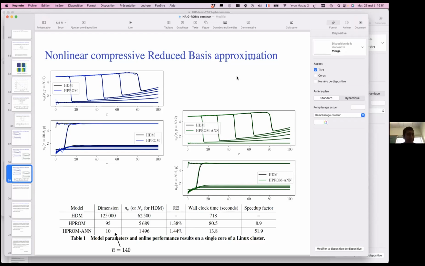Hi, Yvon. Very much enjoyed your talk. So I had one question on this example. I understand that the dimension of the online space required to achieve given accuracy is lower because you're providing this additional compression for the higher frequency modes. But does this also reduce the size of the training snapshot set required to achieve a given accuracy?